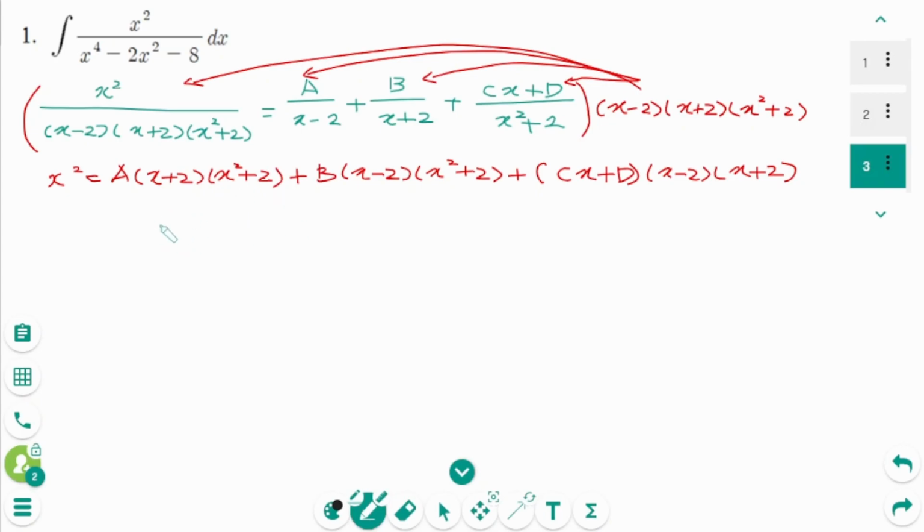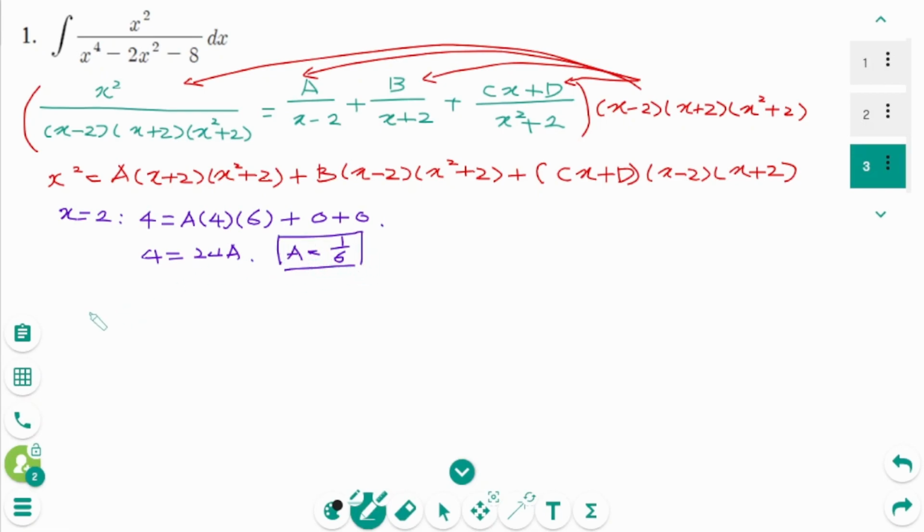To solve for a, if x equals 2, then 2 squared is 4 equals a times 2 plus 2 is 4, 2 squared plus 2 is 6, plus when x equals 2, this is 0, this one is also 0. Then 4 equals 24a, then a is 1 over 6.